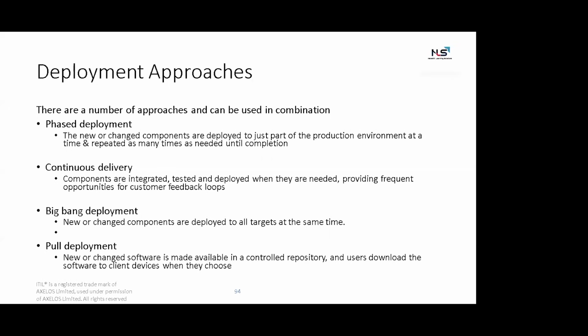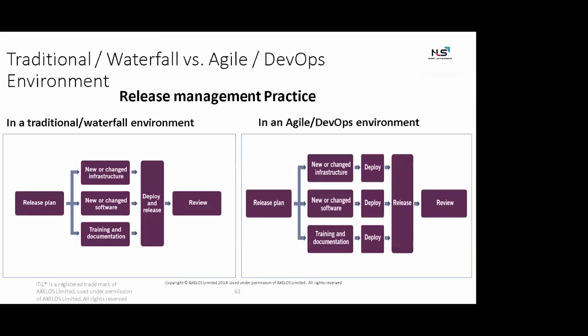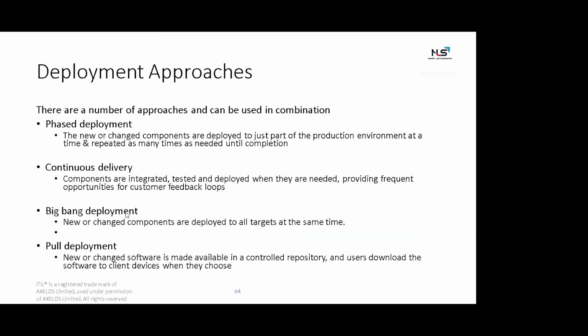And the third phase is the actual software update. So that is phased deployment. And continuous delivery is agile deployment, where deployments are continuous. And waterfall deployments are the Big Bang approach, Big Bang deployment.